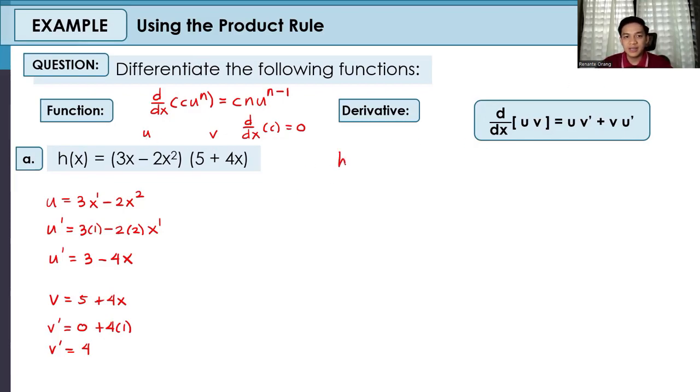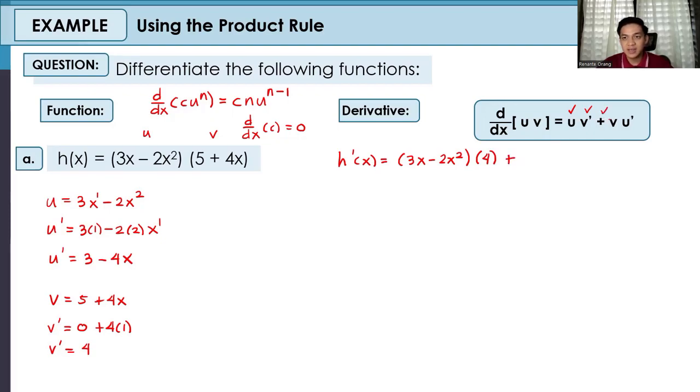So, if na-derive mo na yung u tsaka v natin, proceed na lang tayo sa ating formula. So, sulat natin h prime of x. Ibig sabihin the derivative of our h of x. Copy-paste natin si u. That is 3x minus 2x squared. Tapos, copy-paste natin si v prime. Ito, that is multiplied by 4 plus.